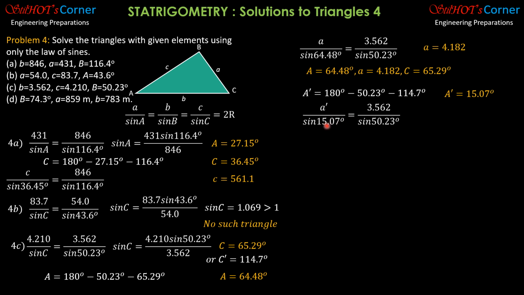So A prime is 3.562 sine 15.07 degrees divided by sine 50.23 degrees. Using your calculator, A prime is 1.205 units. So we have completed the solution for the second possible triangle: A prime 15.07 degrees, side A prime 1.205 units, and C prime 114.7 degrees.